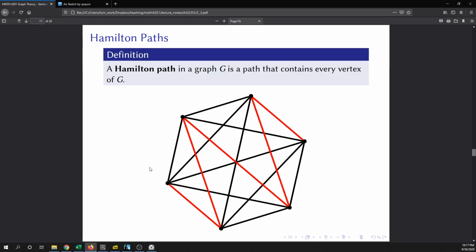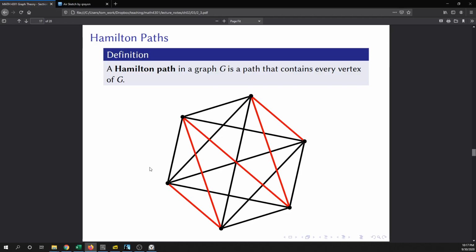And if not, then it could be the other way. You could have the longest path in your graph definitely not be a Hamilton path, especially if it's not connected. You can have that very easily. So this is also then a spanning tree, right?